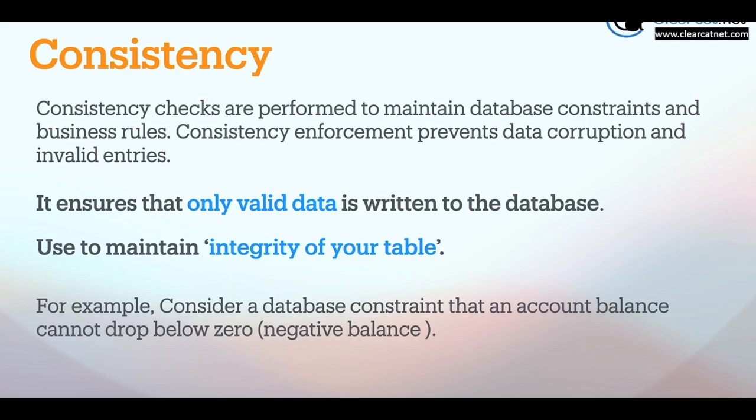Constraints help us use business rules to check the data we are going to enter in our database, and other activities which help us prevent data corruption and invalid entries. It ensures only valid records will be there in our database, and is used to maintain the integrity of the table.